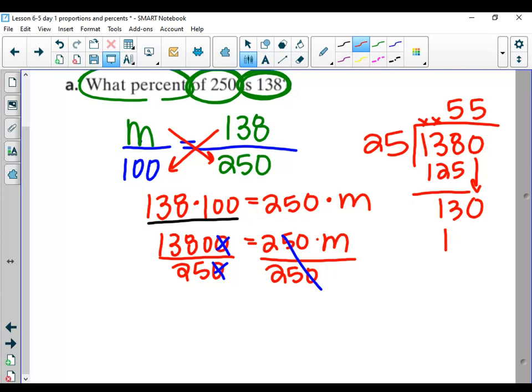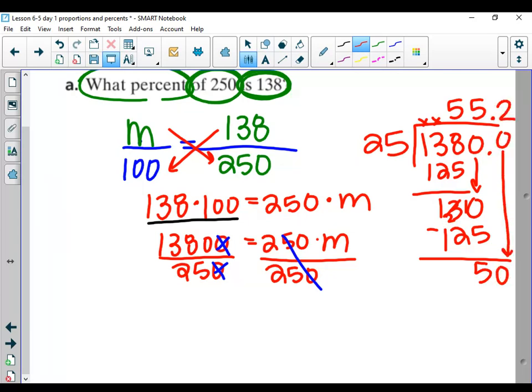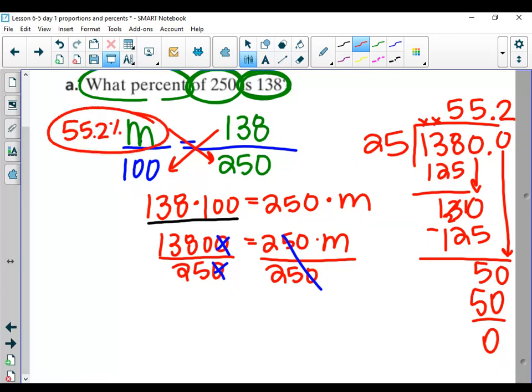Another 5. Got it. What's my missing percent, you say? 55.2%. And some people might say, there's a decimal. That's a decimal, not a percent. Turns out, you can have a decimal in the percent.